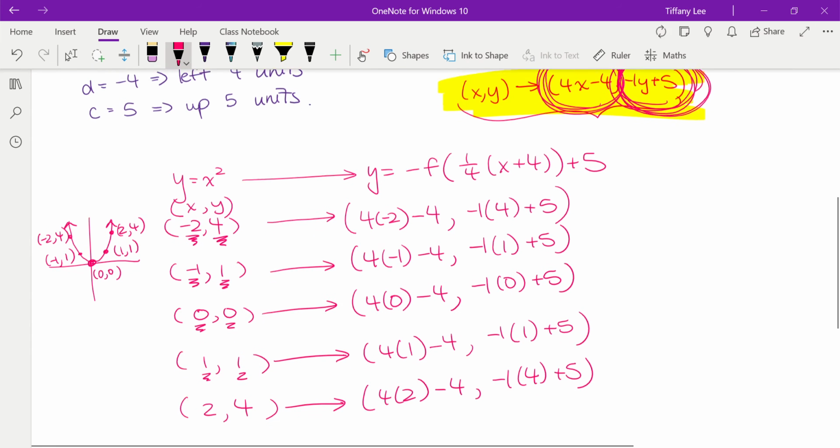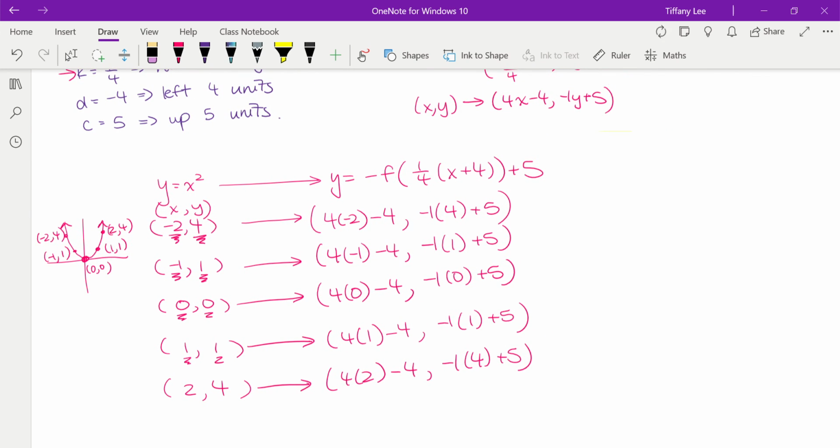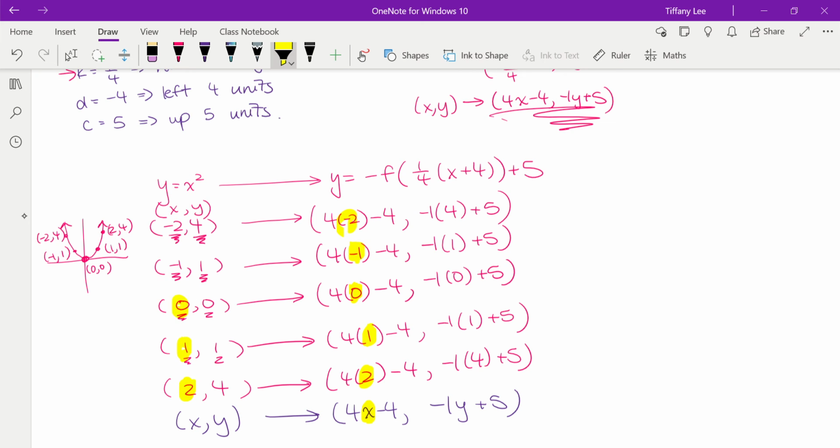Right, so all I did here was I used my mapping rule equation. I just plugged everything in here. So that was 4, right? If we want to rewrite our mapping rule, so it might be easier for you to see, that was 4x minus 4, negative 1y plus 5, right? My x values, I just plug them in from my parent coordinates.